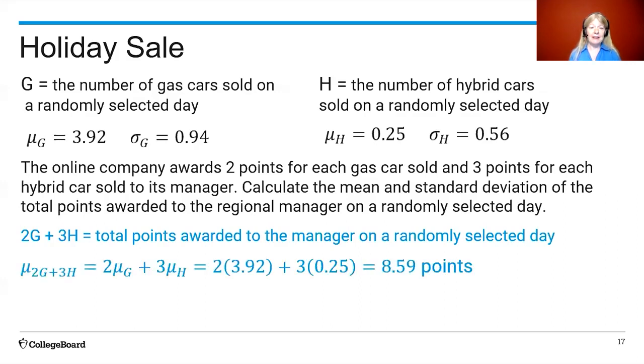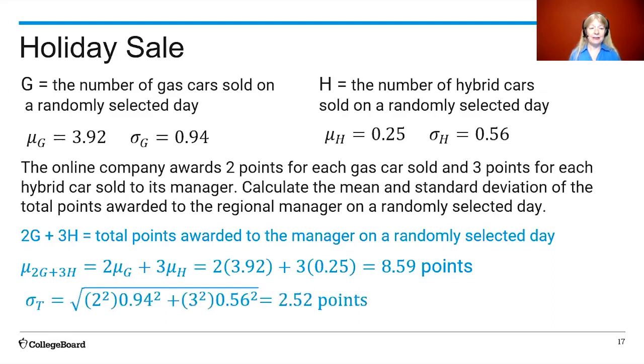So the formula, just like you would expect for the mean, is I would go 2 times the mean of the gas and 3 times the mean of the hybrid and get 8.59 points. For the standard deviation using the formula, I would get 2.52 points.